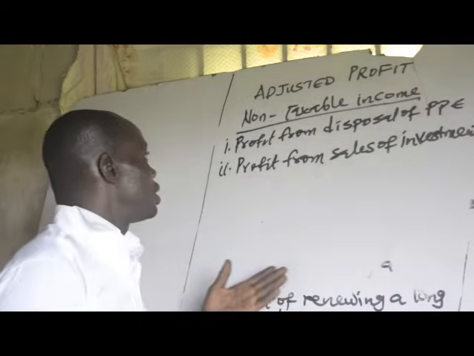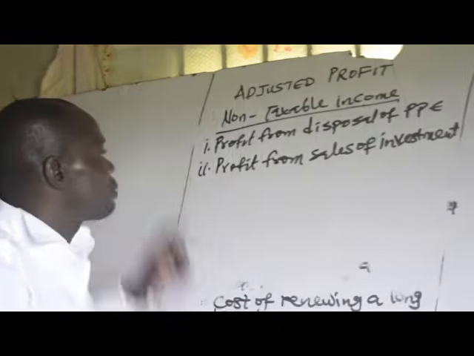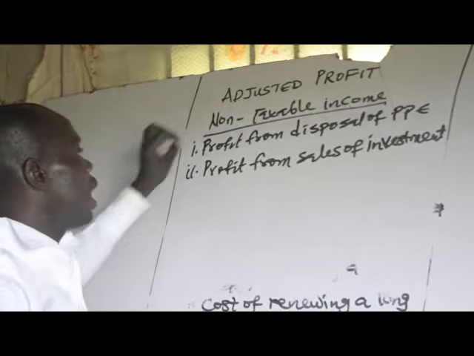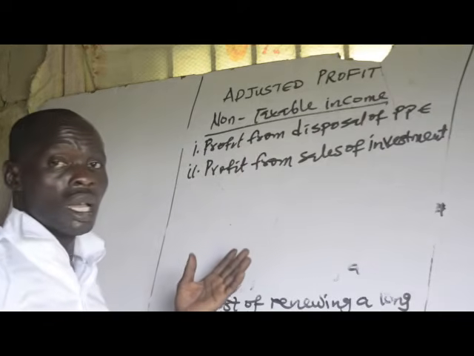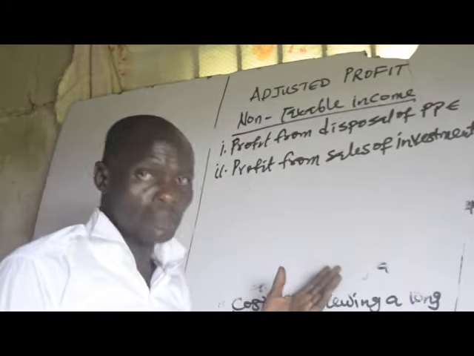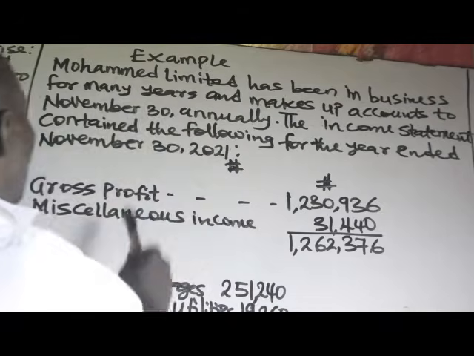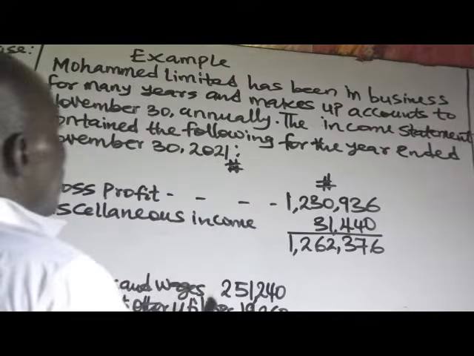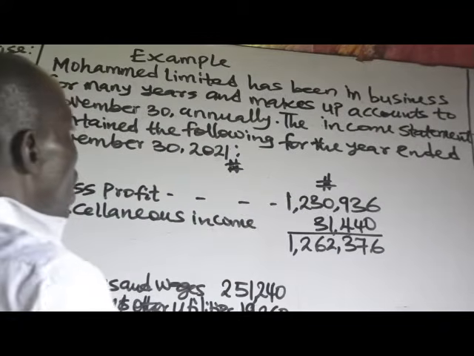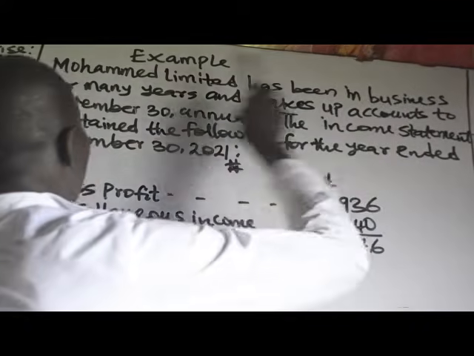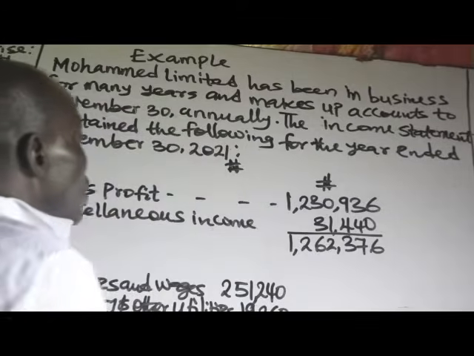Having examined the list of non-allowable expenses and the non-taxable income, we therefore want to take a worked example. Example: Mohammed Limited has been in business for many years and makes up accounts to November 30 annually.